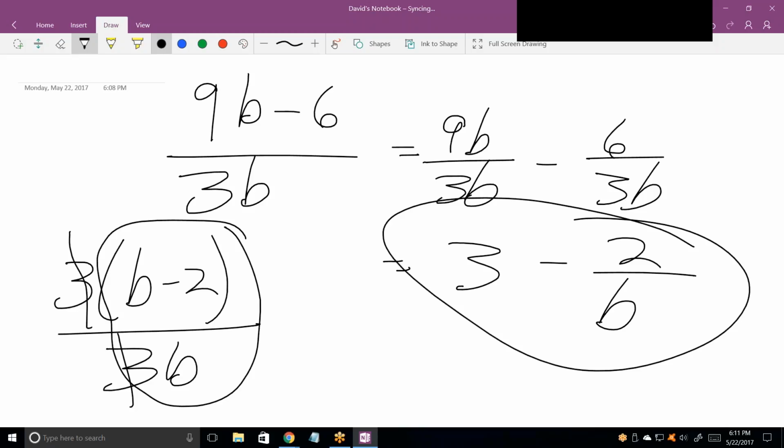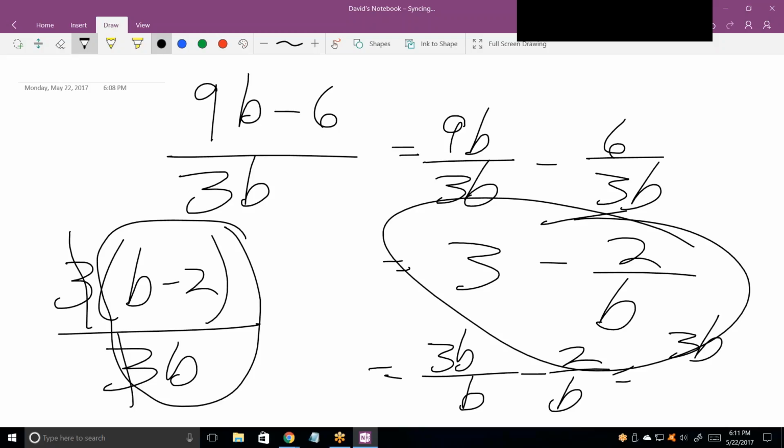If you find a common denominator, hold on a second. It should be 3b over b minus 2 over b, which is 3b minus 2 over b. It's not the same.